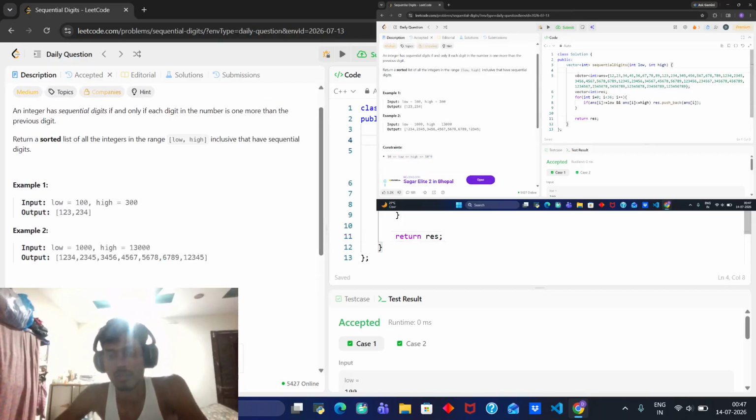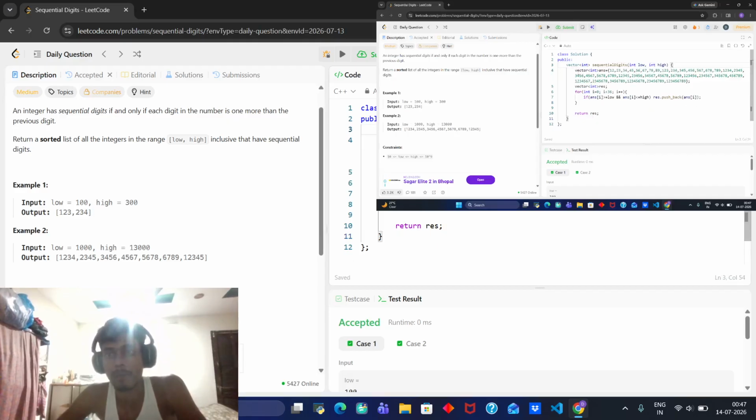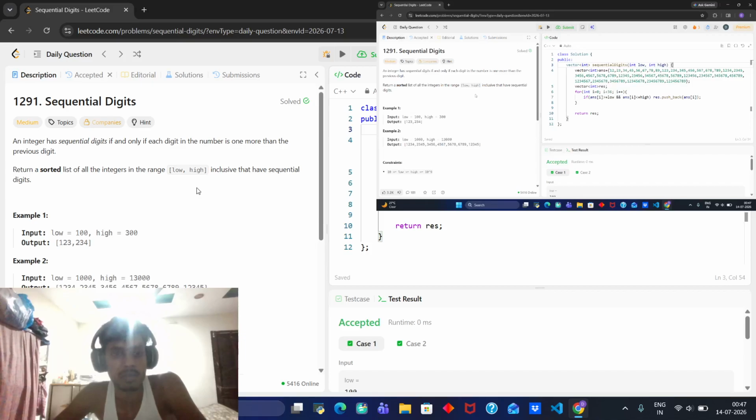What I have done here is, first I made a mathematical observation. I saw that very few sequential digit numbers exist between the intervals, like between 100 and 200.